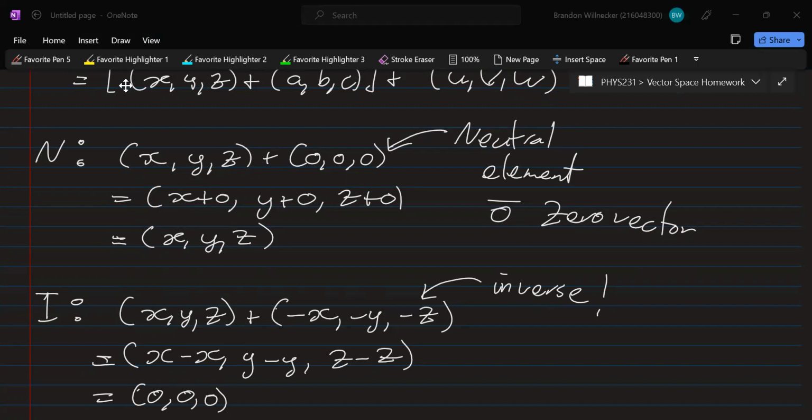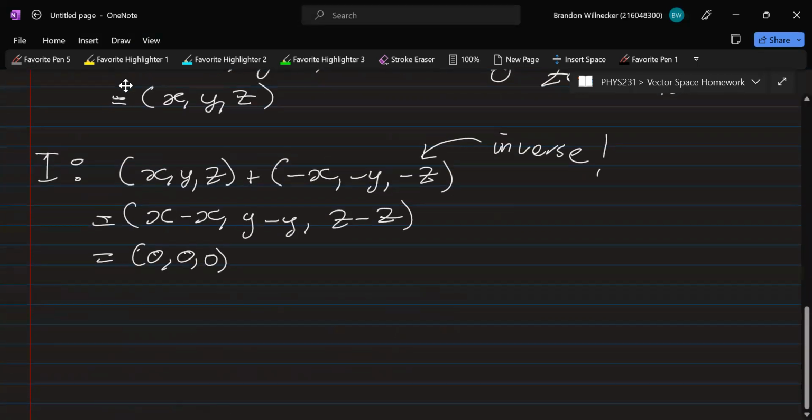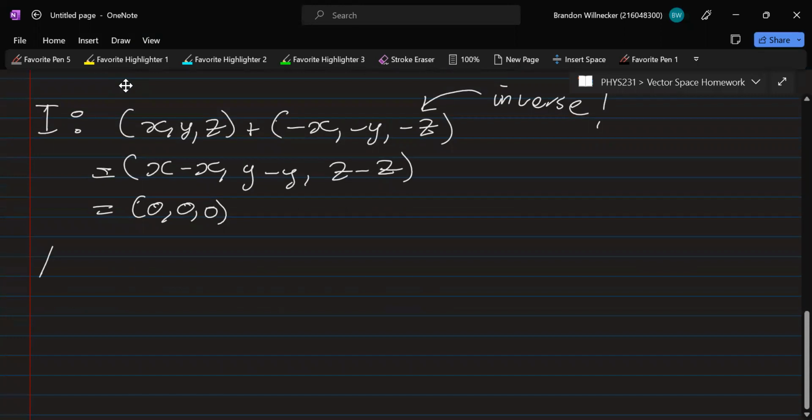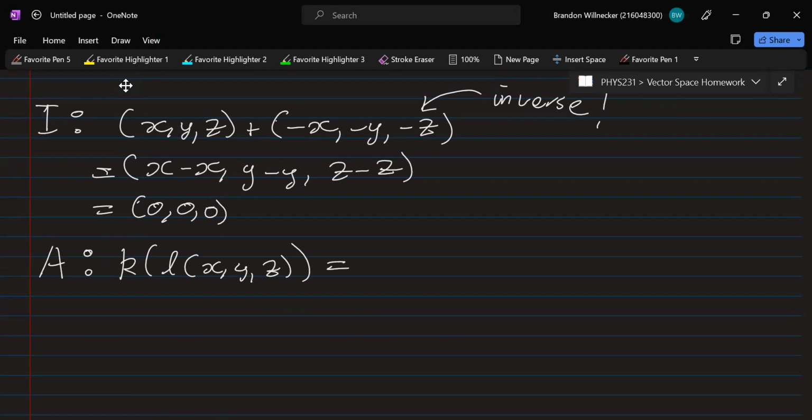Okay, then we have the ADU part: the associative, distributive, then the other distributive, and unit. So let's go through those. Okay, so associativity with the scaling. So that's with our scalar multiplication. So if we have k times L times x, y, z, this k and L can go inside.